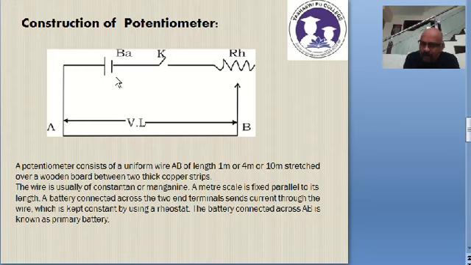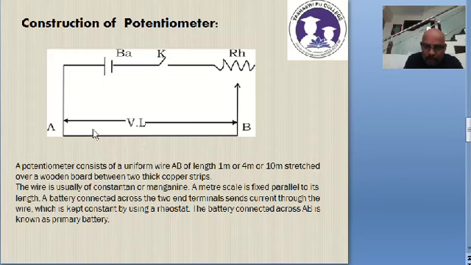If the battery is providing 20 volts, that entire 20 volts appears between A and B. If you choose exactly the center point, then the potential difference between point A and the center of the potentiometer wire will be equal to 10 volt, because from A to B it is 20 volt, and from A to the center it will be 10 volt.